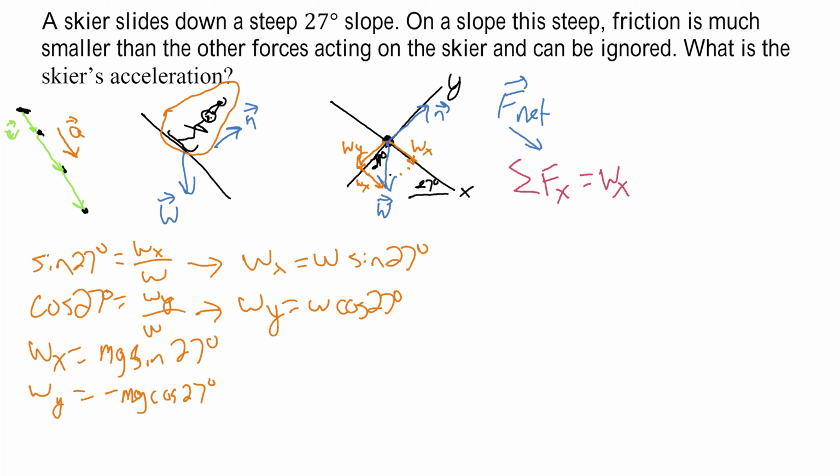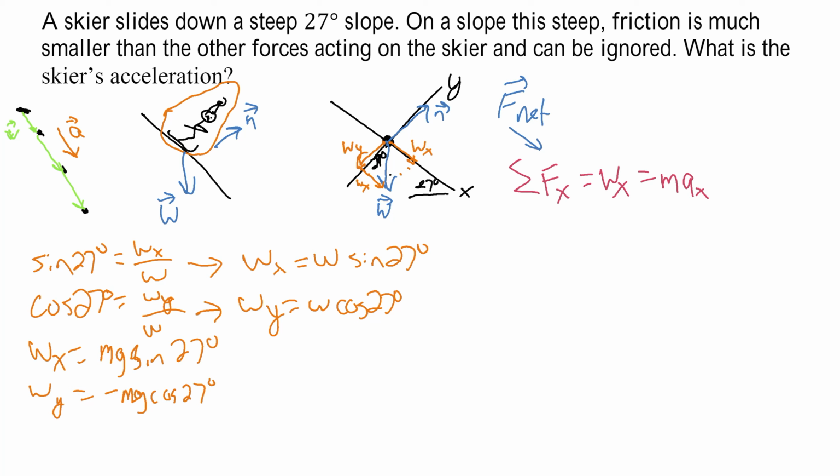W sub x equals, it's not 0. We have an F net in that direction, right? So we're going to write m times the acceleration in the x direction. By the way, what is it we're looking for? Acceleration. We're looking for the acceleration in the x direction, so that a sub x is what we're looking for.